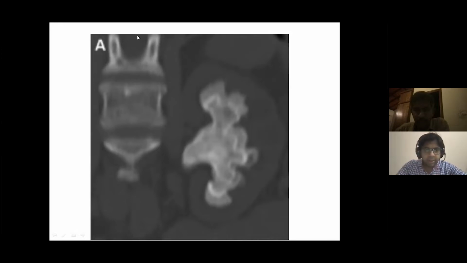I can see one side of the kidney, including a few vertebral bodies, and the kidney pelvicalyceal system shows a radio-opaque lesion, so Staghorn calculi.